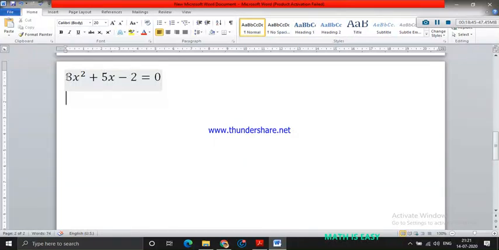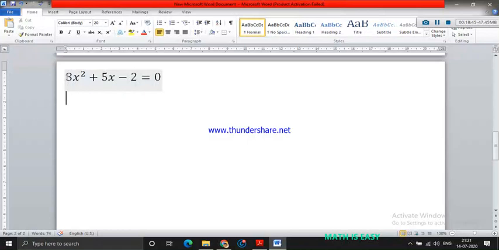Then what you have to do here is, let me insert the equation. The first value of x, I'll take it as alpha equals to 2. Then another value I'll take as beta, beta equals to 1 upon 3.